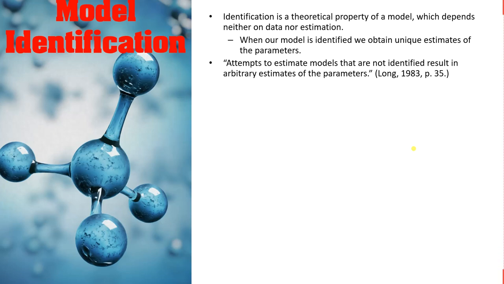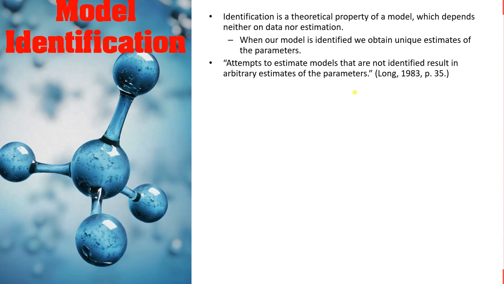So until and unless we identify the model, we cannot test. I have quoted Long that attempts to estimate models that are not identified result in arbitrary estimates of the parameters. But when the models are adequately identified, then we will get unique estimates of the parameters.